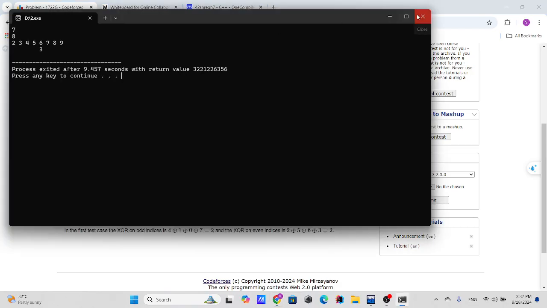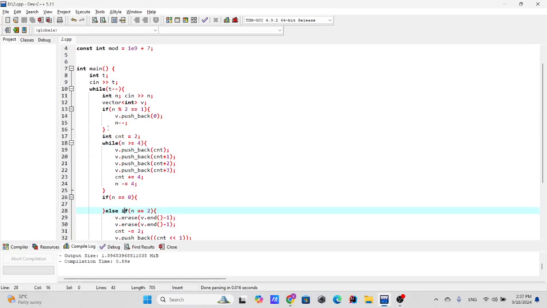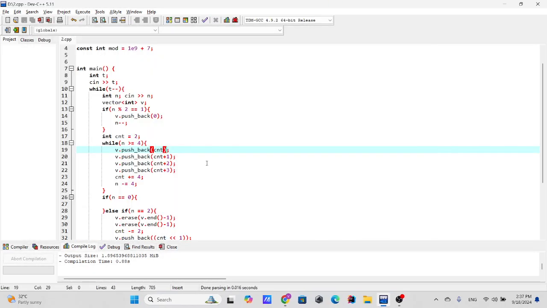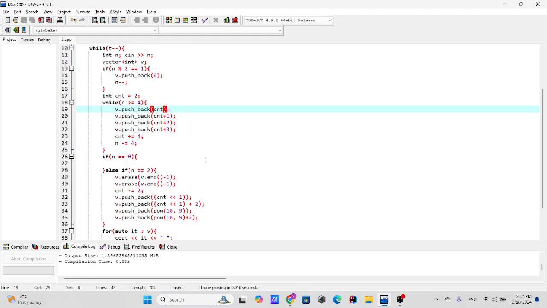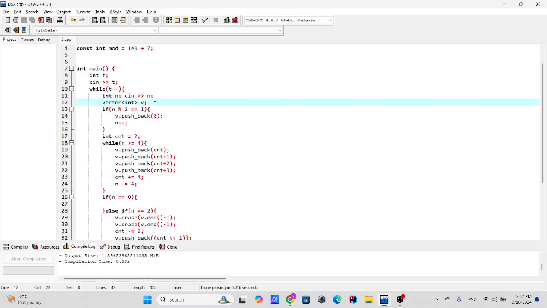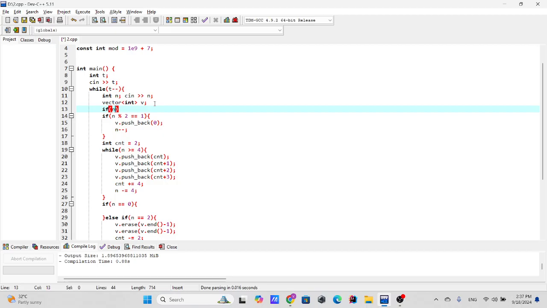What's wrong here? What's wrong with 3? Pushback 0. Okay. Alright, I know what we need to do.